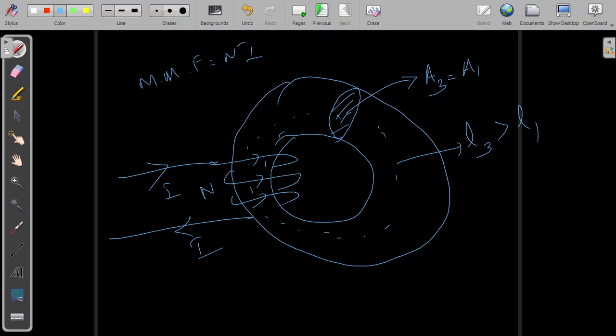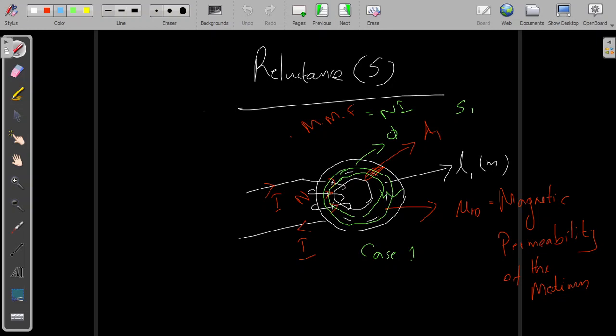Now the flux is set up. The flux lines will be produced, and these flux lines are traveling a larger distance compared to the previous case one.